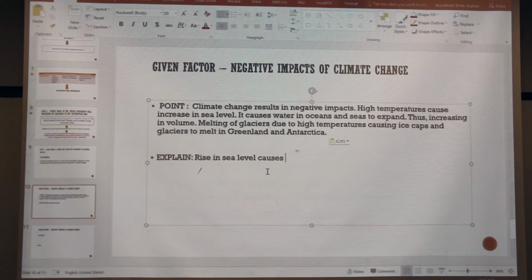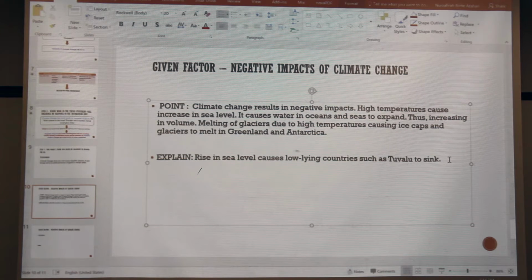Rise in sea level causes low-lying areas, such as the example that you gave me just now, Tuvalu. Low-lying countries, islands. Countries, areas is fine.